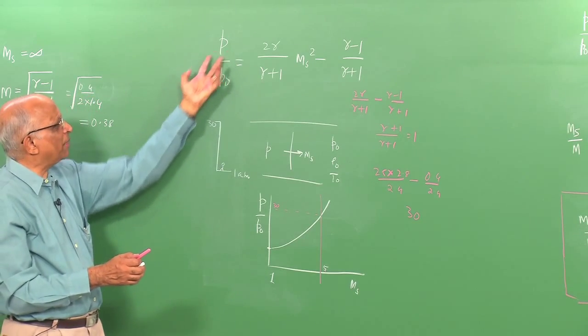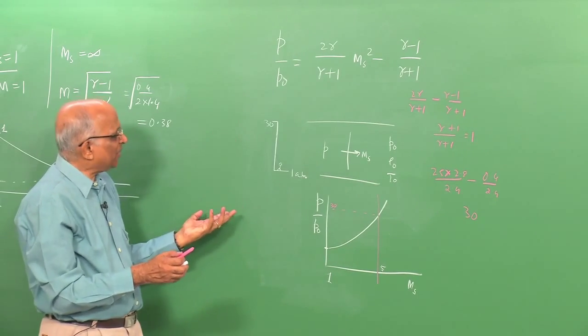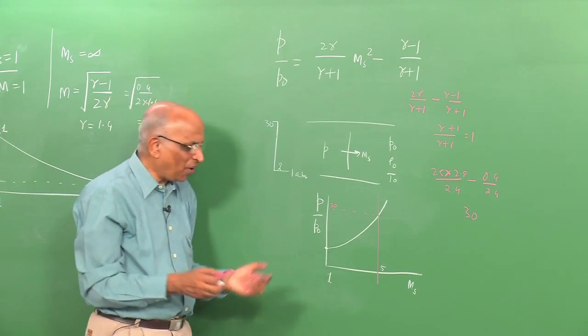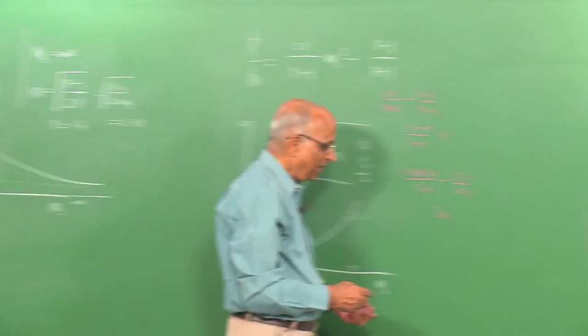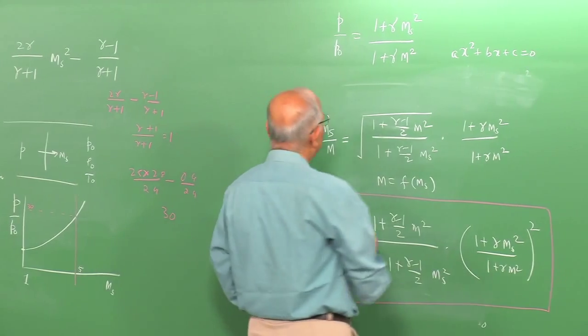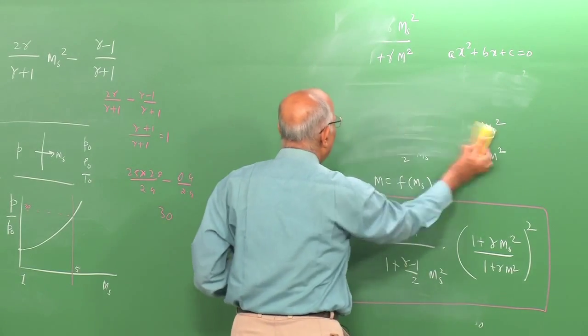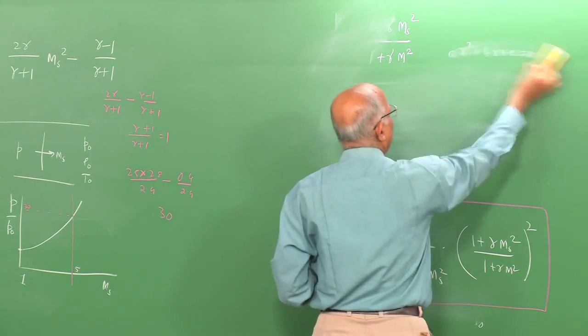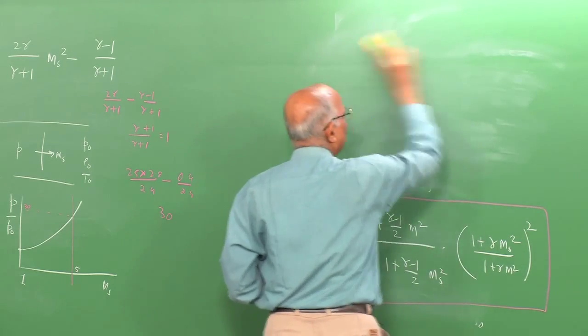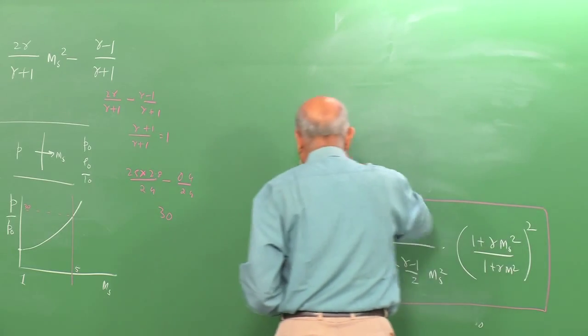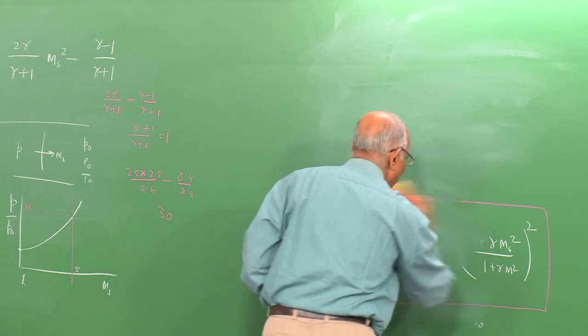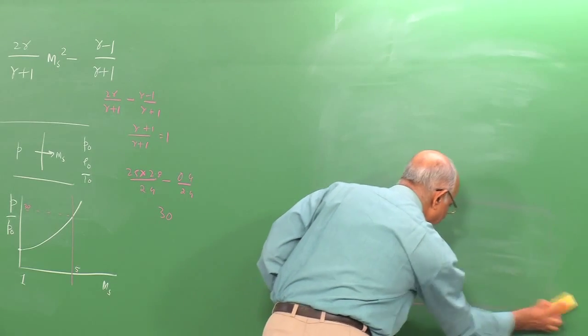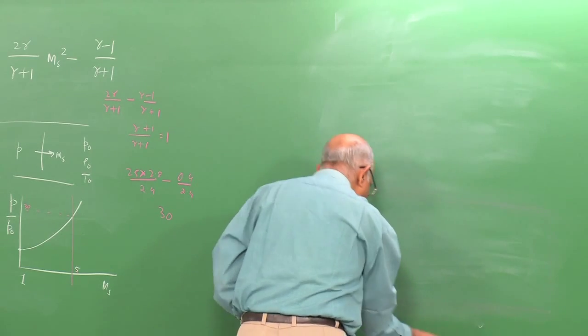Therefore, we are able to write P by P0, and now let us find the last value which we want, rho by rho 0. And how do we get rho by rho 0? You will tell me, well, we have already done the Rankine-Hugoniot equations. What did we get from the Rankine-Hugoniot equation? We got rho by rho 0 in terms of P by P0, and what was the expression?